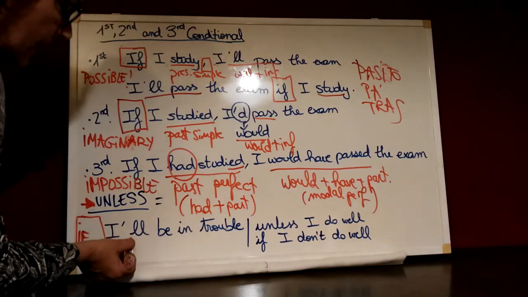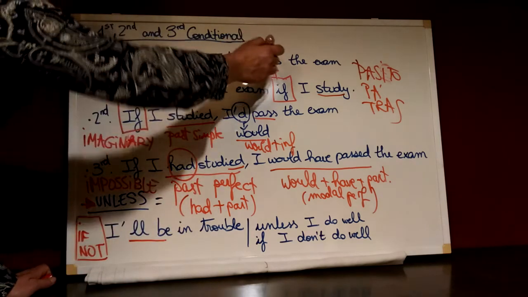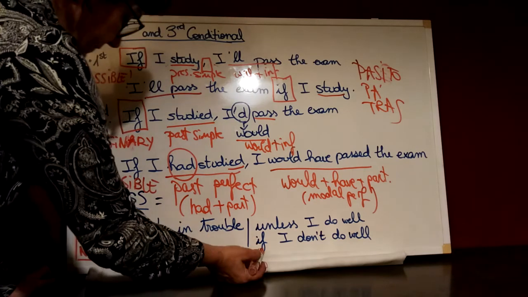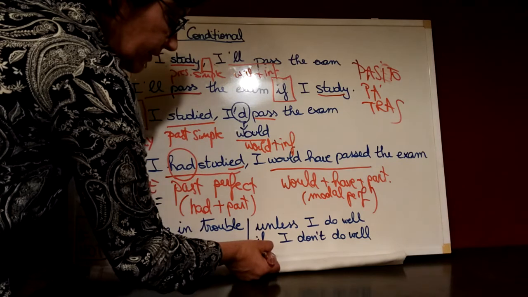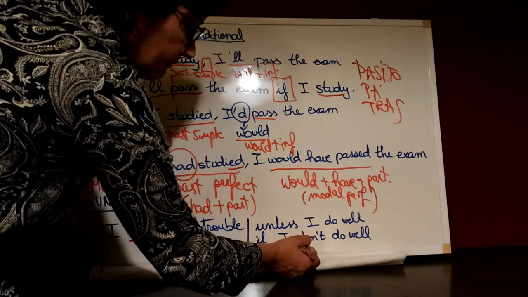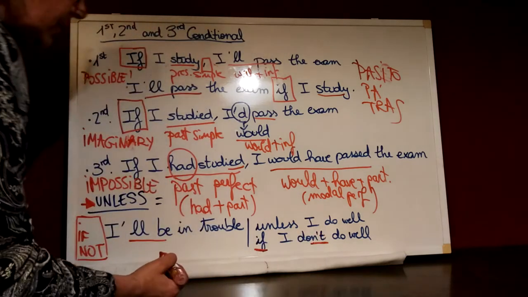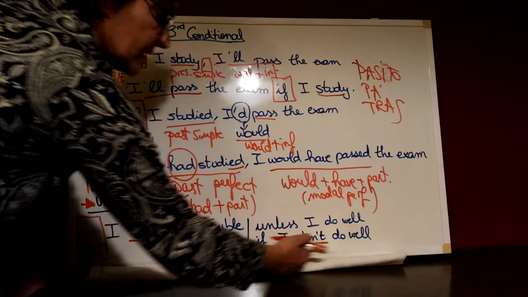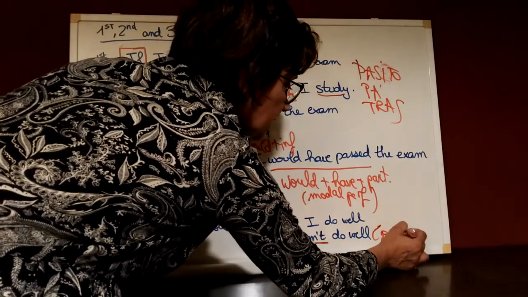So you can say, I'll be in trouble, which is the first one. I will be in trouble if I don't do well. So what do you have here? You have if and you have not here. You see? You can do that. You can combine it with if I don't do well, which is a present simple, all right? But in the negative.